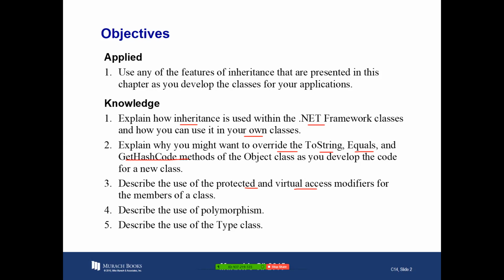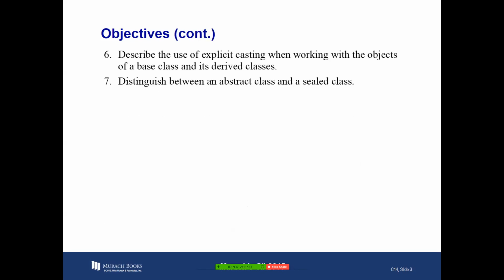We've been using public and private, and we're also going to learn about virtual and protected, and we're going to be able to describe polymorphism better, and we're going to describe the use of the type class and explicit casting that we're going to need to use when we're dealing with objects of the base class. You'll see what that means. Derived classes. And then we're going to learn about abstract classes and sealed classes.